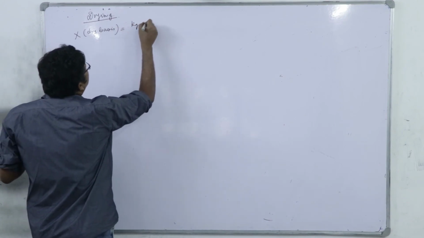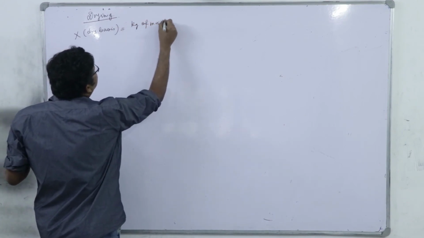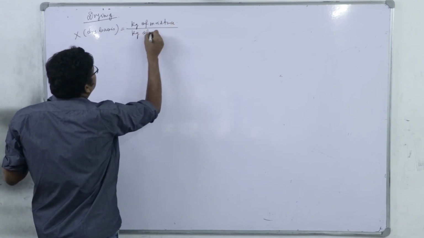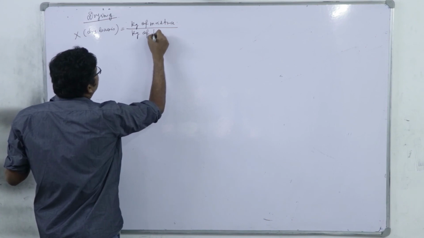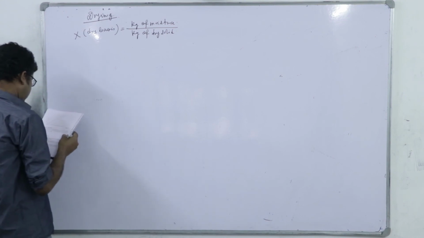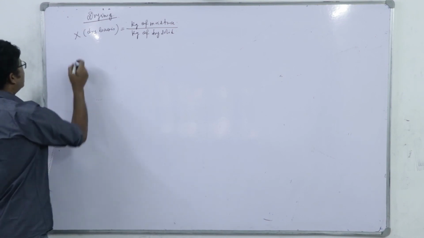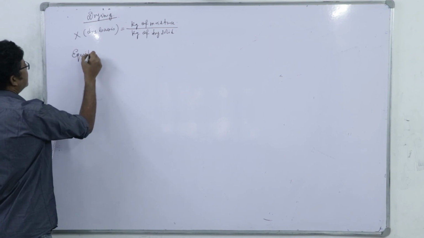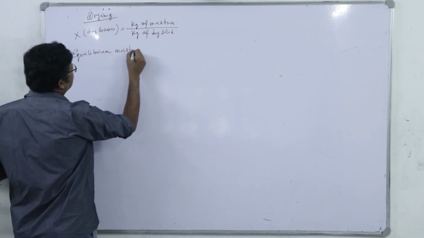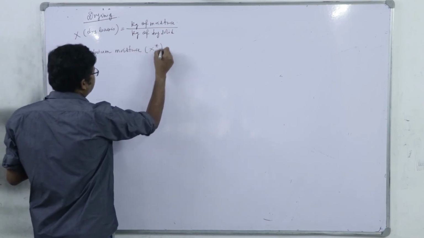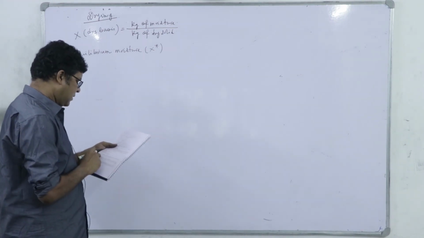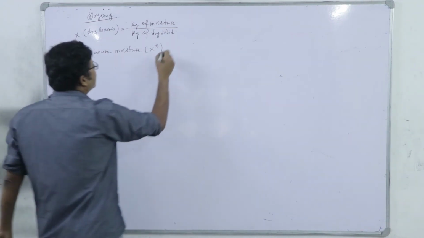So, it is kg of moisture per kg of dry solid. Then we have the equilibrium moisture, X star. What is the definition? The moisture content of the substance when at equilibrium with a given partial pressure of the vapor.